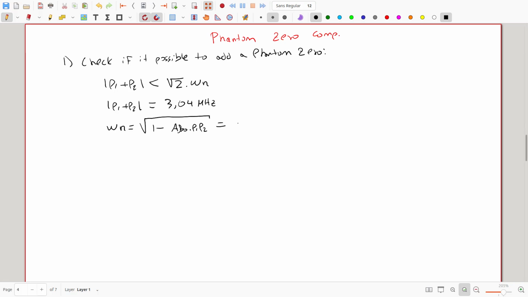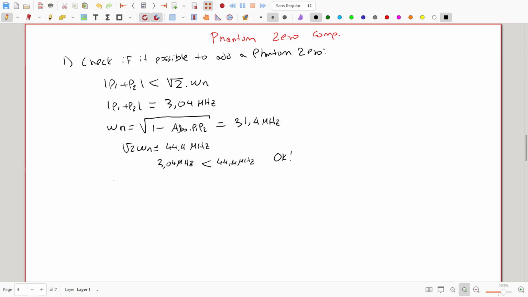When I replace the values that I just calculated, that will give me 31.4 megahertz, and the square root of that omega n will give me 44.4 megahertz. Okay, so I can see that 3.04 megahertz is lower than 44 megahertz. Then it is okay. I can go forward and do the calculation.